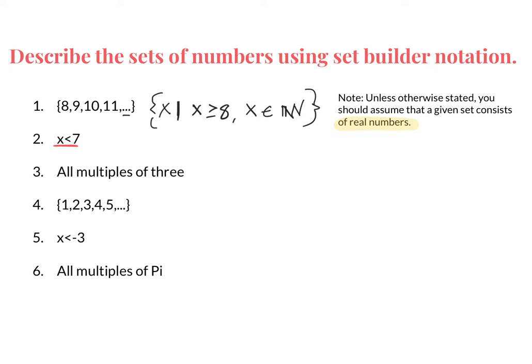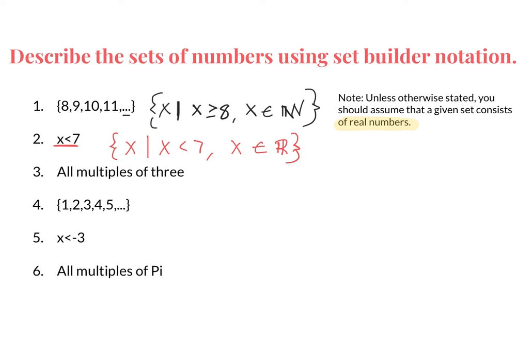So open up my bracket, x such that x is less than 7, parentheses. Now we're going to include the set. x is an element of the real number system. So this is like a mathematical sentence that doesn't really include words. So it's a way of communicating with other math people.